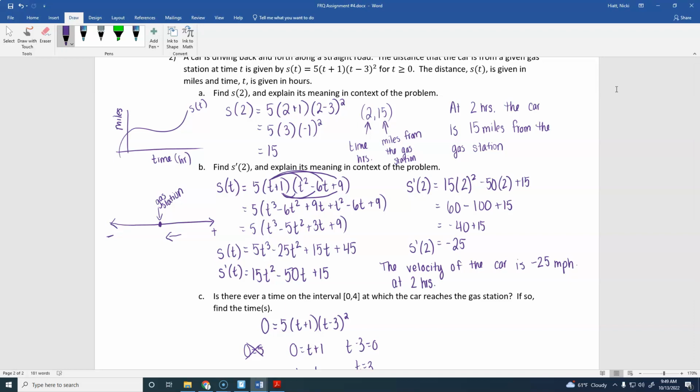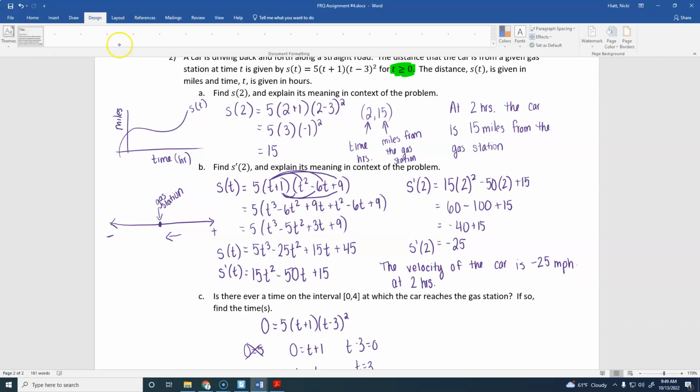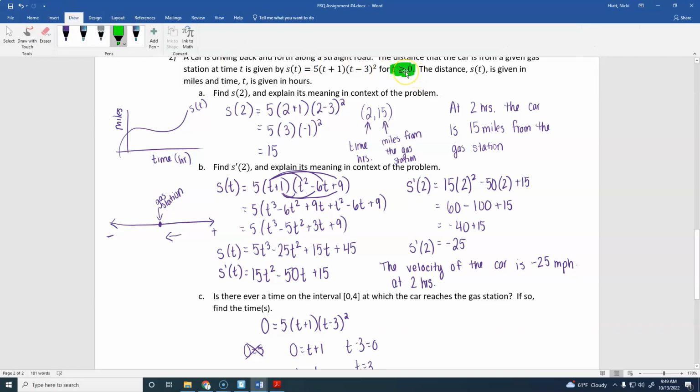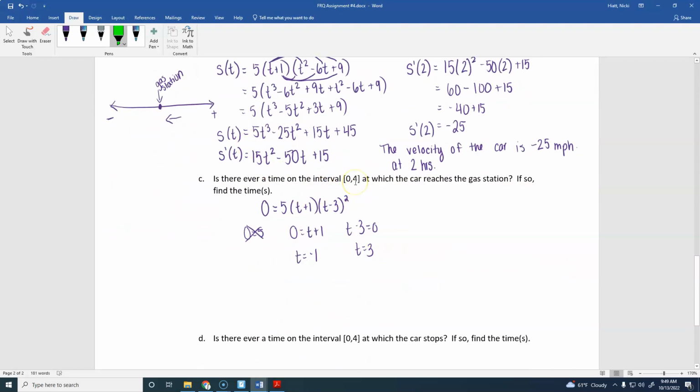Why not? Negative 1 is not between 0 and 4. Very good. It also tells us up here that this equation only applies for t greater than or equal to 0. So we don't want to look at any negative values either, even if they didn't give us an interval here.